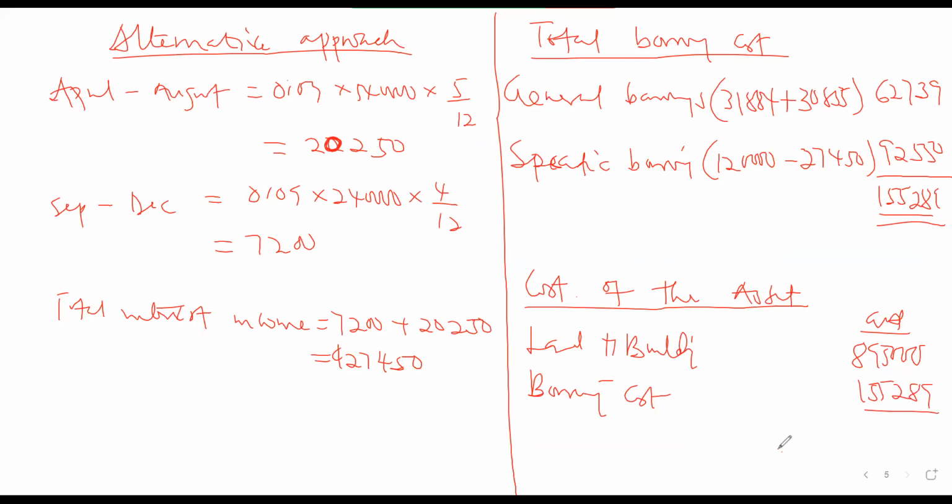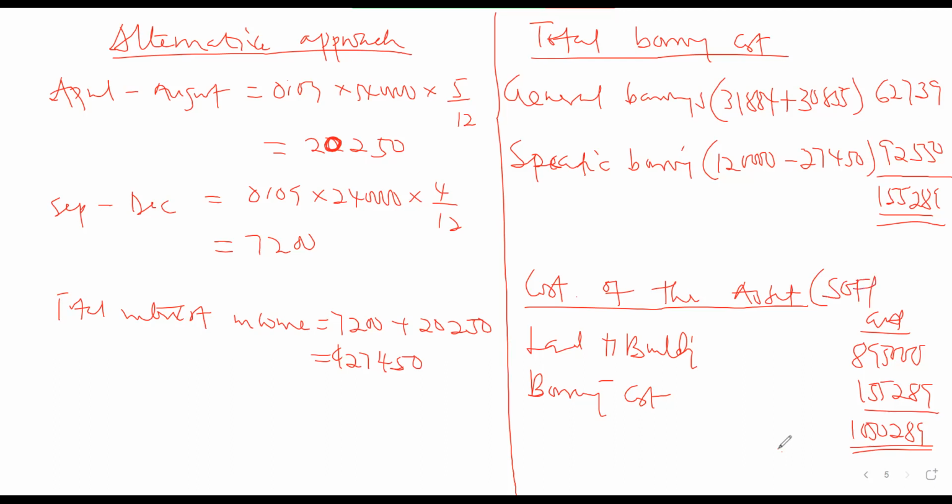Then you add it and get a total value. So I'm getting 1,050,289. Okay. This is what will go to the statement of financial position.